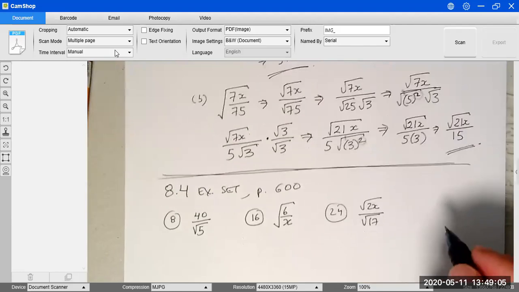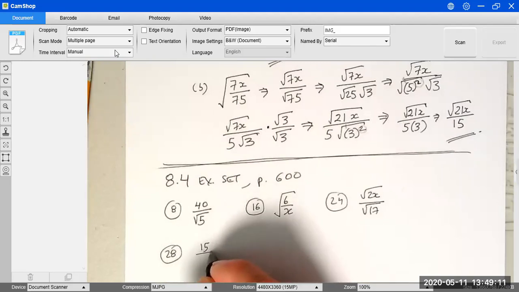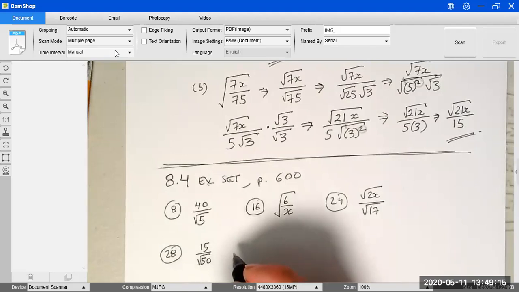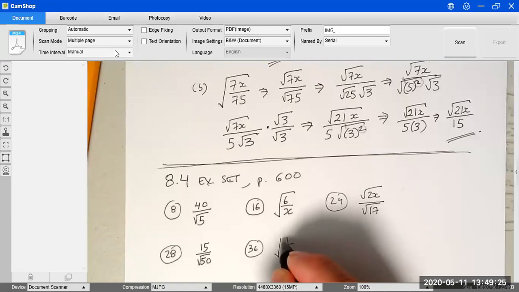Then we have problem 28, 15 over the square root of 50. Then we have 36, the square root of 1 over 54.